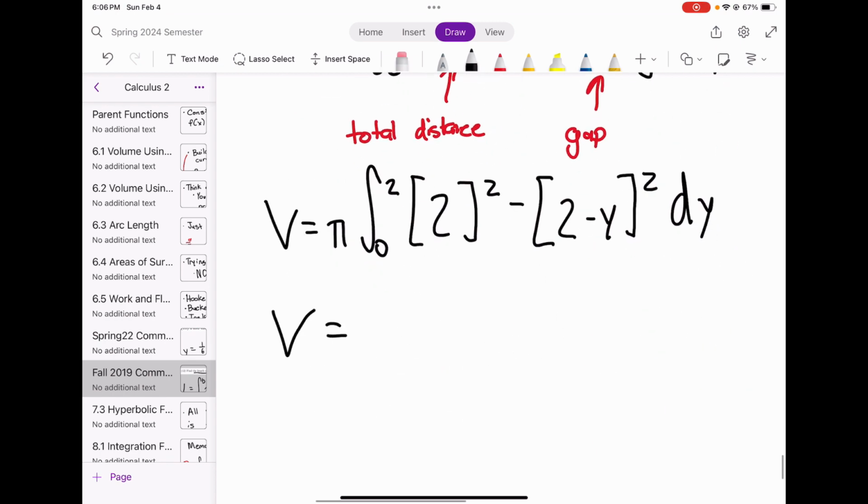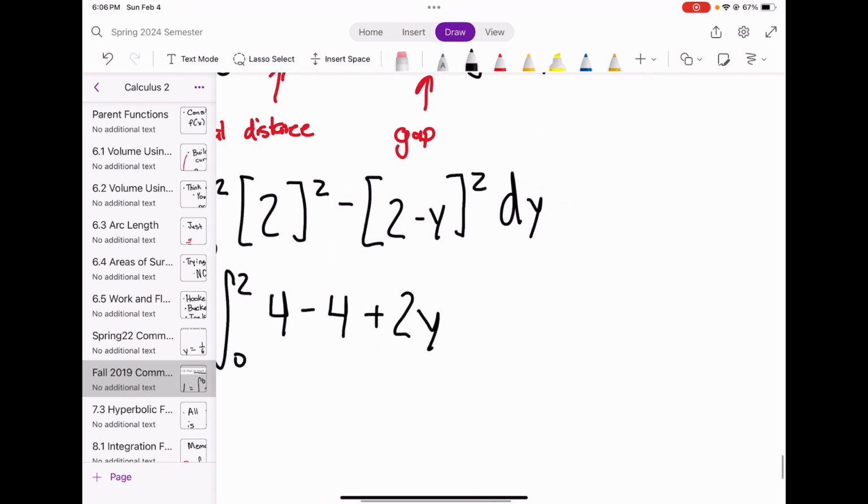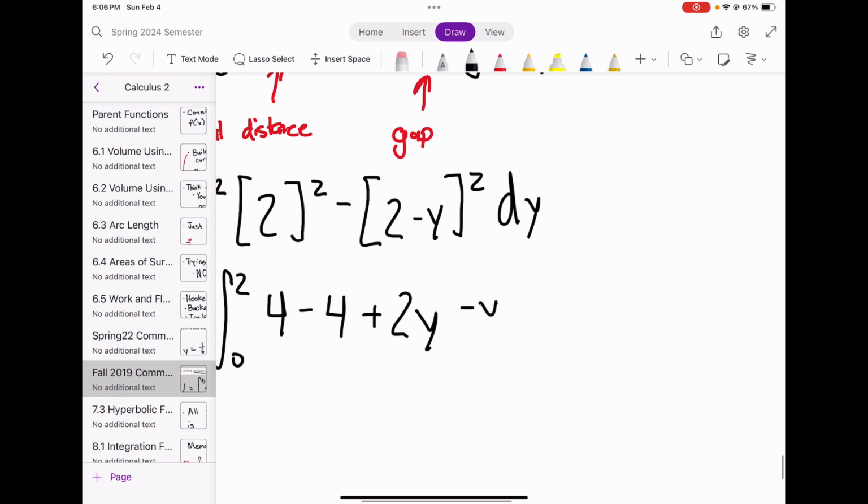So let's simplify this. Pi, the integral from 0 to 2 of 4 minus 4 plus 2y minus y squared dy. And look at that, these 4's cancel out.